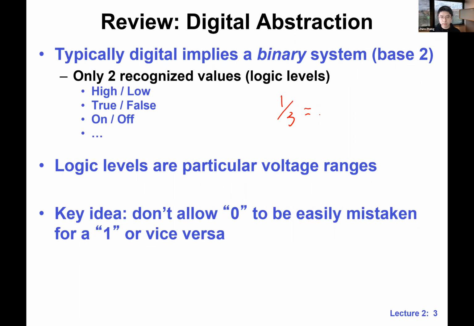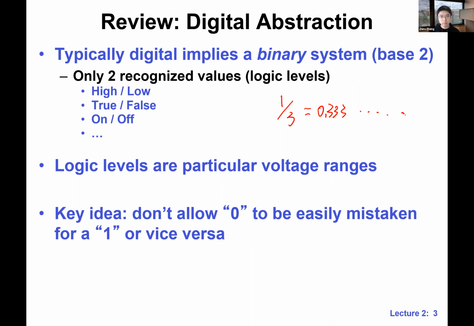Mathematically, if you just calculate this, if you actually expand it out, this is going to be 0.333, a lot of 3s, an infinite number of 3s. This is the precise value of 1/3.